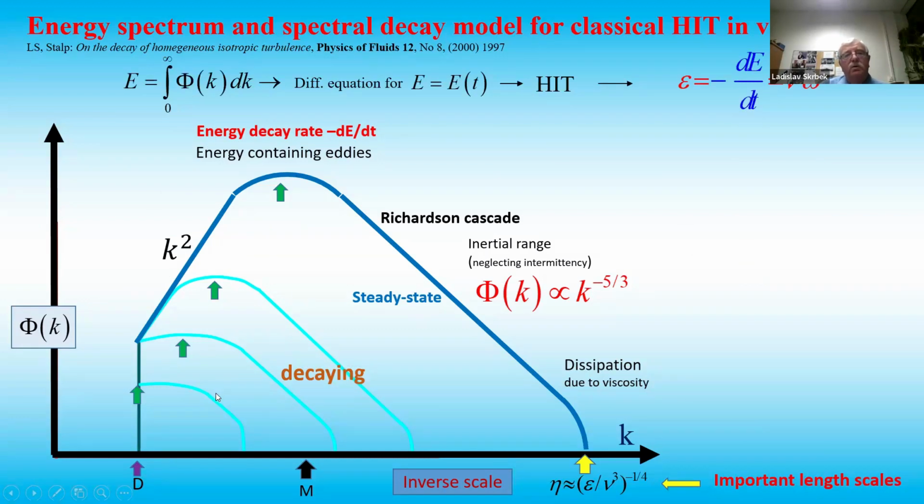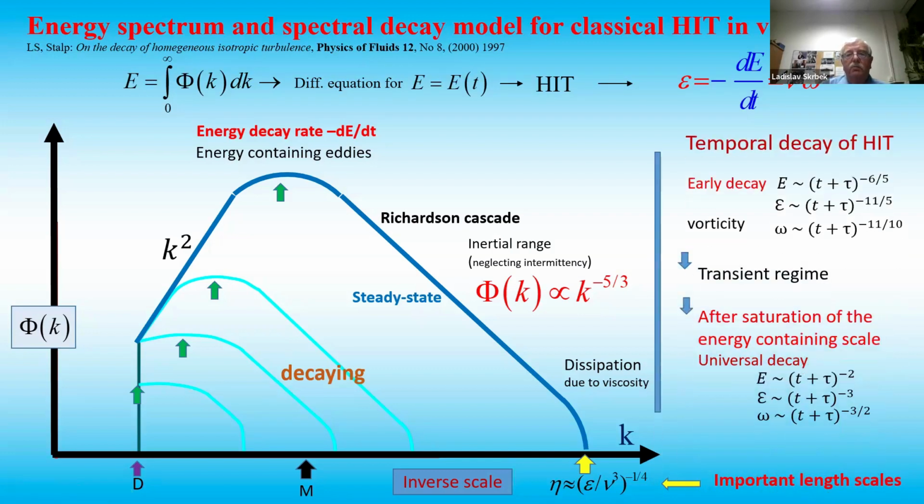If you want to let such turbulence decay, there is a decay model which is rather easy to understand. If this blue curve is how it looks in steady state, and you stop the input and let it decay, at some later time it will have this kind of form, and you can see this peak, which marks the energy containing length scale, and these are the most energetic eddies.